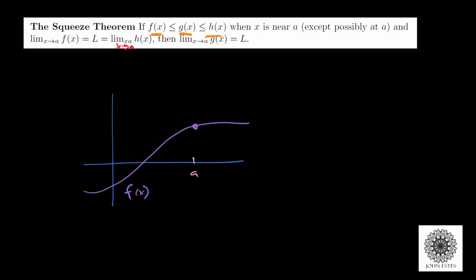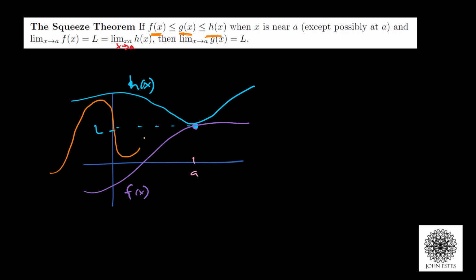And my h of x is something on top, but it trends towards that same value at a. Okay, this is L right here. Then the guy that's trapped in the middle, which is my g, when it gets close to a, it has no choice but to pass through that same value of L.